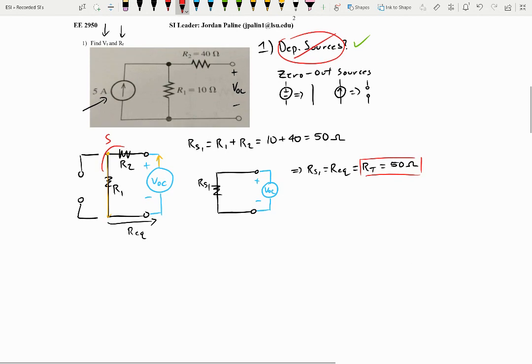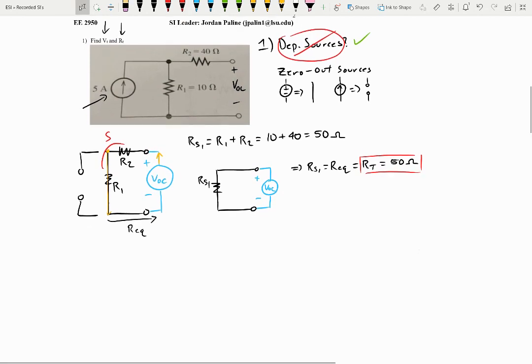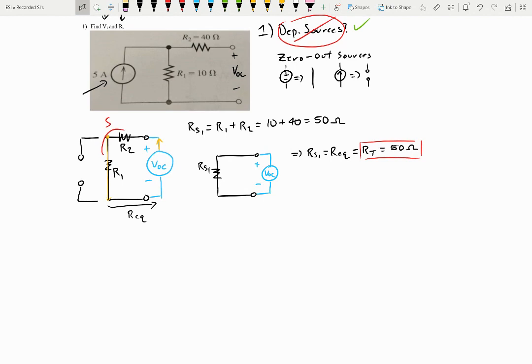So we need part two now. So to conduct part two, what we're going to have to do is go back to the original circuit. So we'll jump back to this original circuit, where this is 5 amps. Still have our R1.